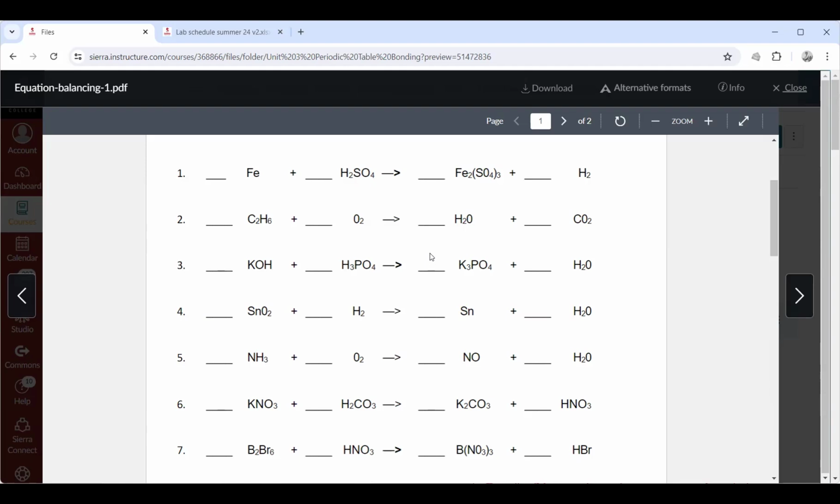See, the 3 means there are 3 groups of SO4s. So you have SO4, SO4, SO4, 4, 4, 4. That's how you get 12. Oh, so I times by 3. So are you doing this by the groups?